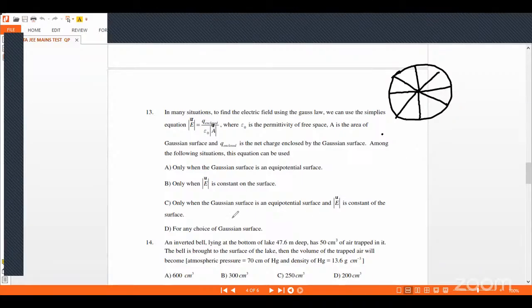So this Gaussian surface must be an equipotential surface and also the electric field must be constant. That is option C.